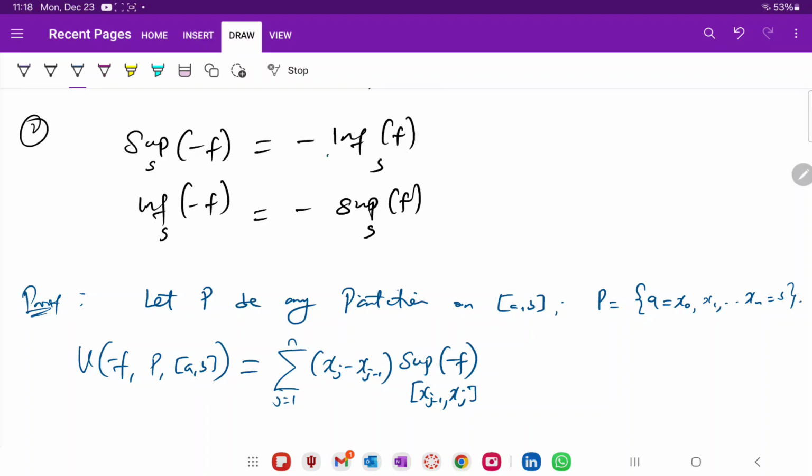By the properties we defined here, this will be equal to minus the summation of (xj minus xj minus 1) times the infimum of f over [xj minus 1, xj]. If you are careful, you know that this whole part is just the definition of the lower Riemann sum.